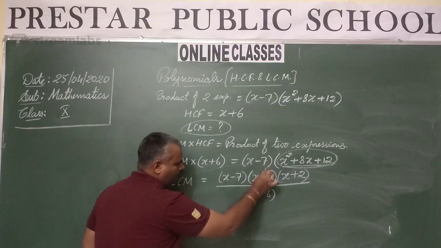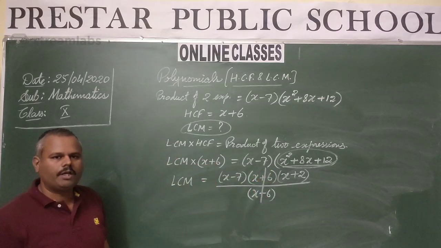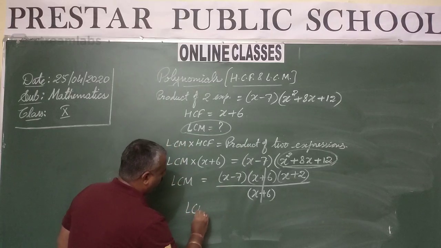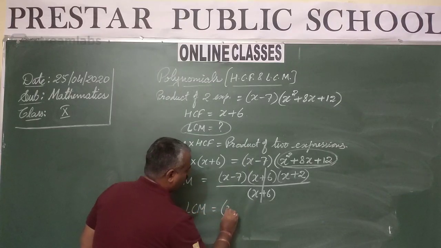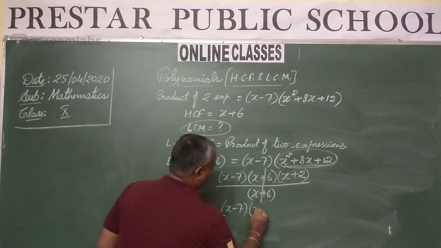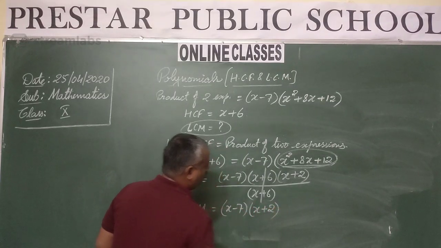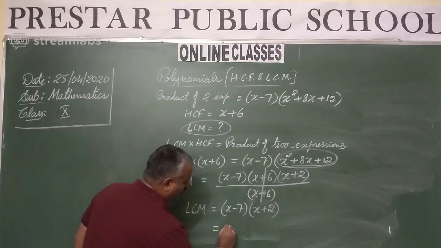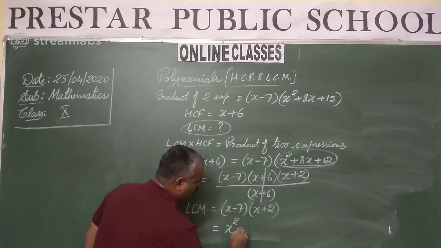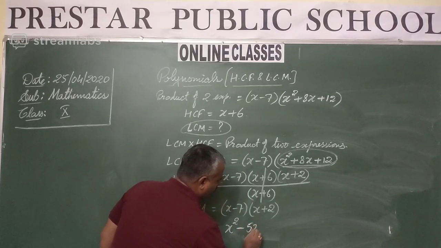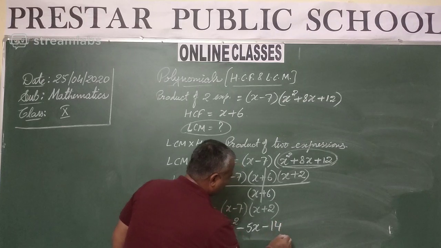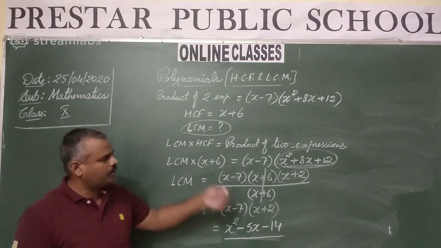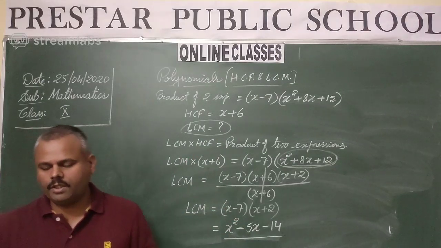So here if you see, this is common in both numerator and denominator, which will be simplified, and we get the LCM as x minus 7 multiplied by x plus 2. And this x minus 7 multiplied by x plus 2, you can also write it as x squared minus 5x minus 40. So this is the required LCM which we need.